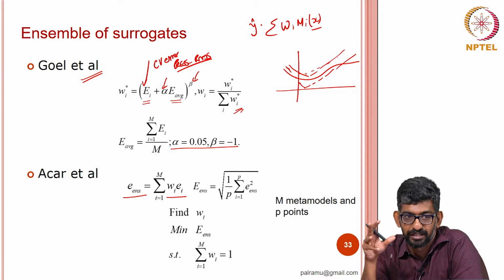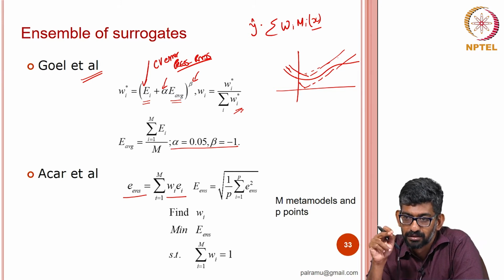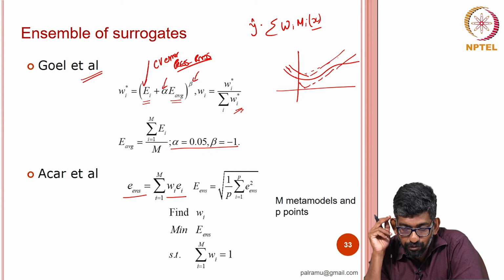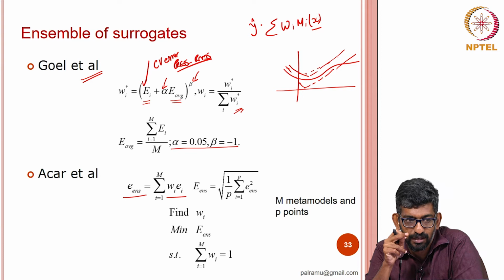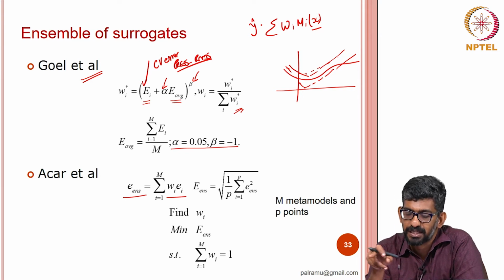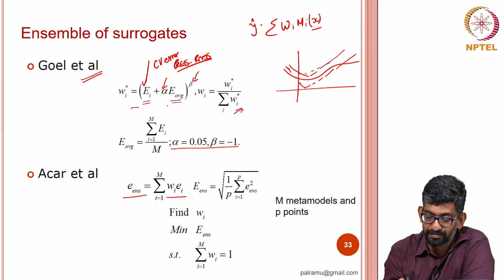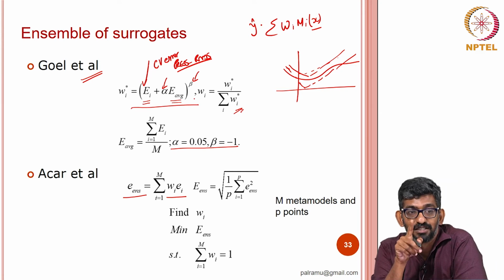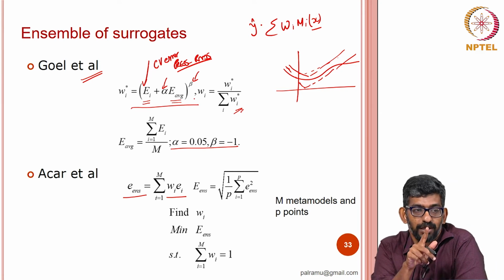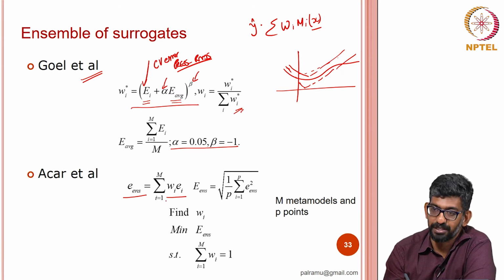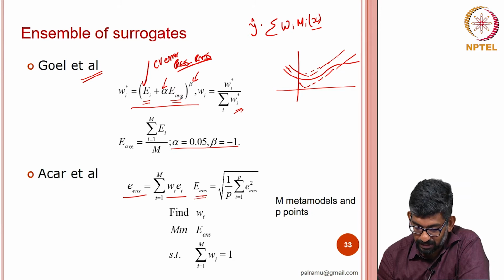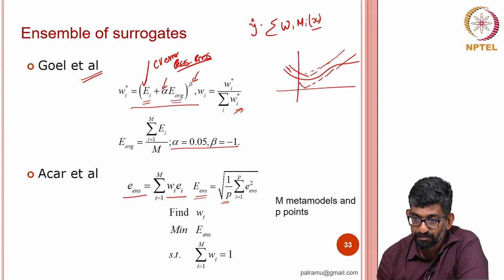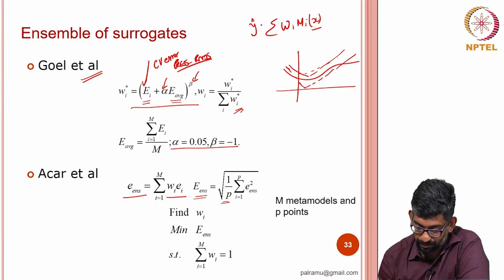It is more like a direct delta function, and if you estimate it at that point, it will give you the same value. Whatever has the least PRESS error at that point will be the metamodel that is selected. In this case, you are still averaging, because you still believe that there are errors with your predictions as well as with your metamodels. So, you are averaging it, but that is not happening here, that is all. So, what this says is, there is an error E, the error of the ensemble, where P is the number of points and M metamodels.